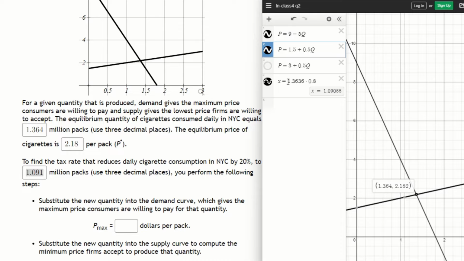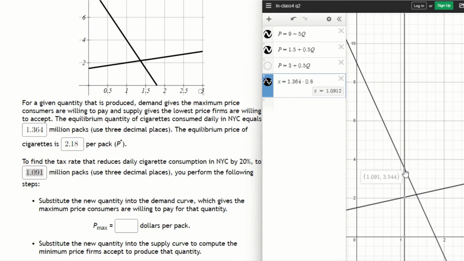This right here is our quantity, right? Our reduction in quantity. Whoops. At the equilibrium, our quantity is 1.364. So let me change this to a 4. Right? And then if we multiply that by 80%, we get the 1.091.